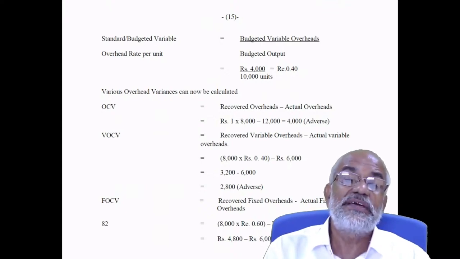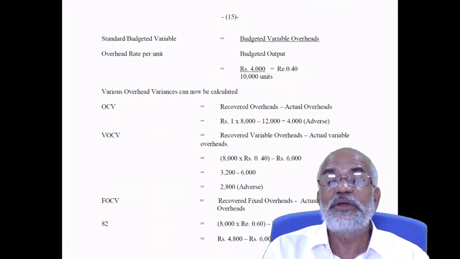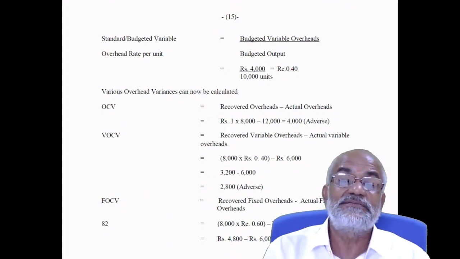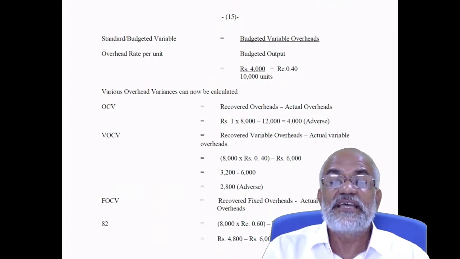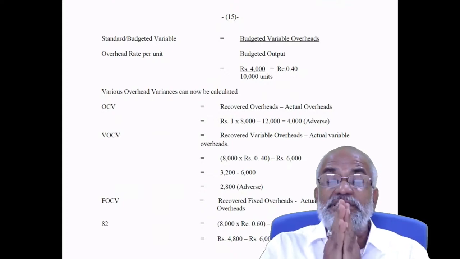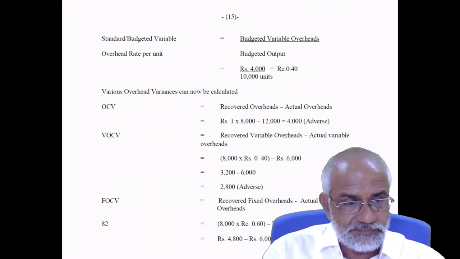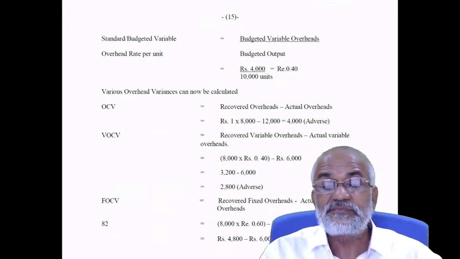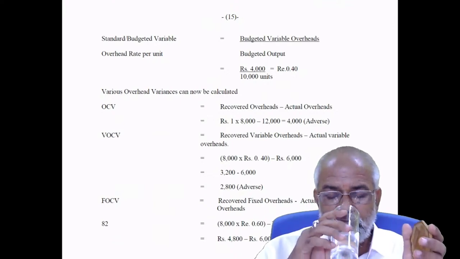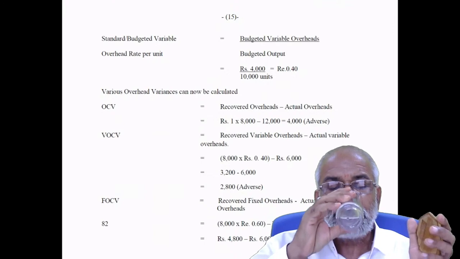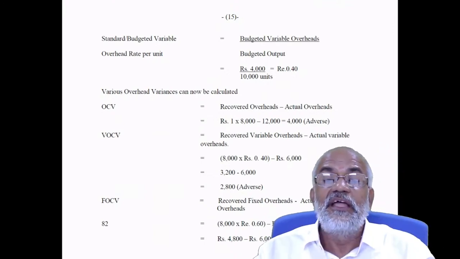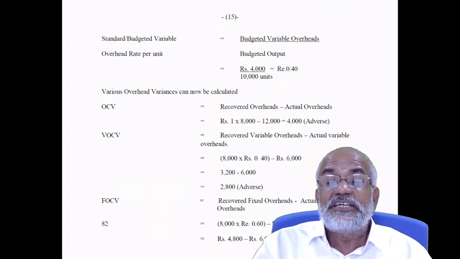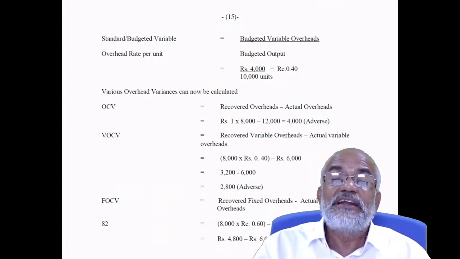And the fixed overhead cost variance is the recovered fixed overheads minus actual fixed overheads. The recovered fixed overheads are 8,000 into 60 paisa, which comes to ₹4,800. When that is deducted from the actual 6,000, it is 1,200 adverse.